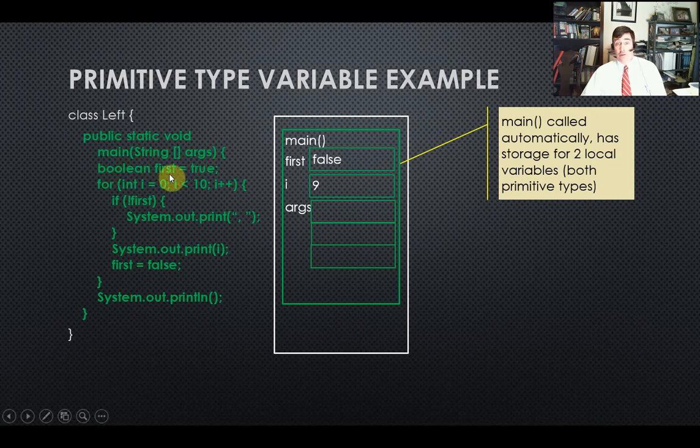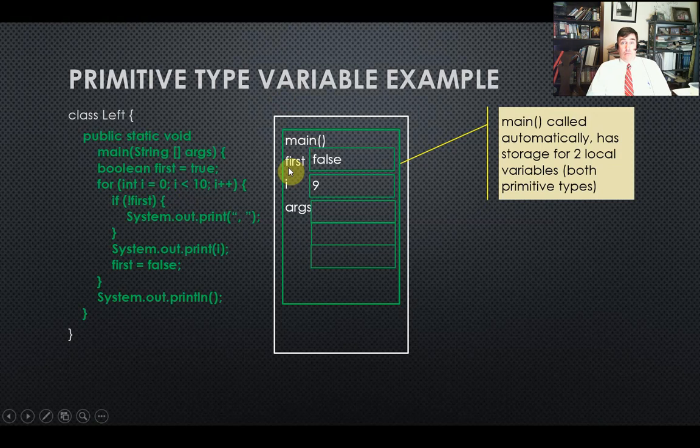It then has a variable called first, which is a Boolean, which is initialized to the value true. Then, inside this for loop, it has another variable I, which is an integer, which is initialized to 0. So storage for all of those variables has to be created on the stack frame for this method main. So here we have the stack frame for main.